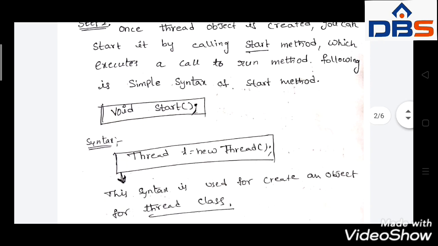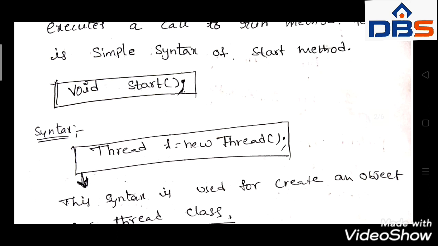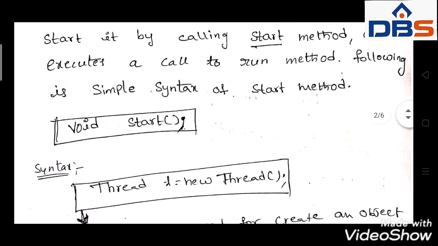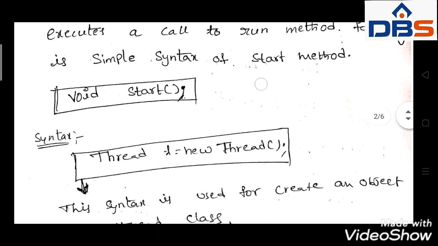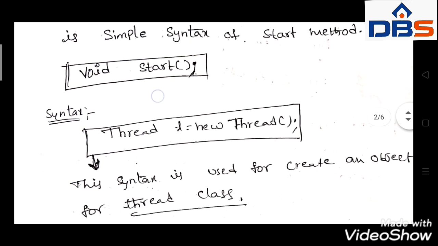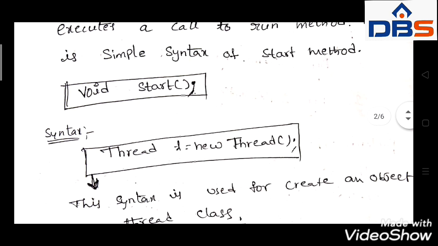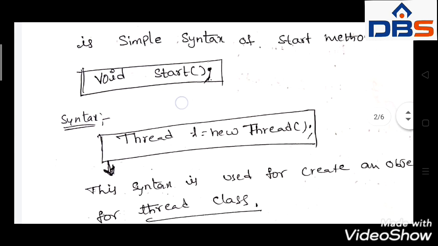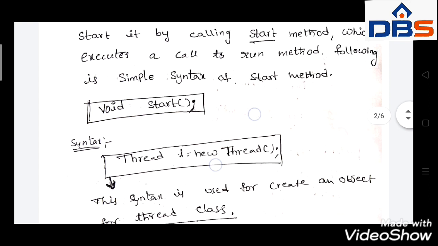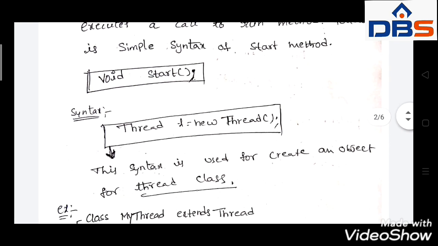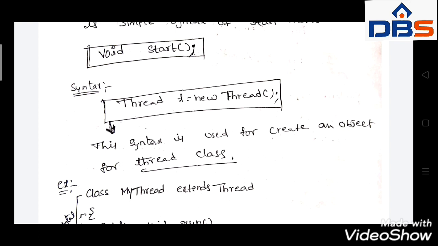The following is the simple syntax for the start method. How to write a start method? void start. So how to create a thread object? Thread is a class. Thread name, that is T, the thread object, equal to new Thread.